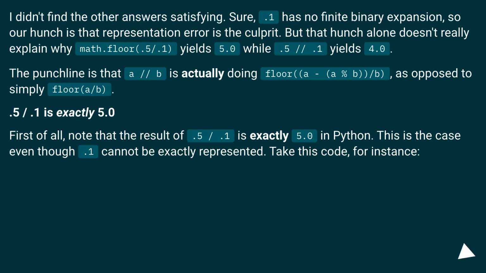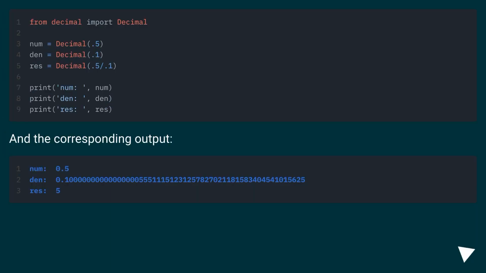First of all, note that the result of .5/.1 is exactly 5.0 in Python. This is the case even though .1 cannot be exactly represented. Take this code, for instance. And the corresponding output.